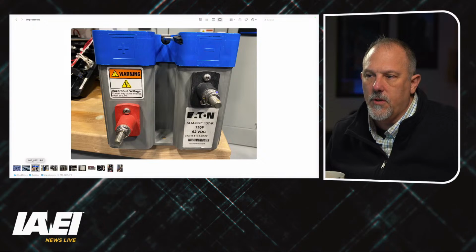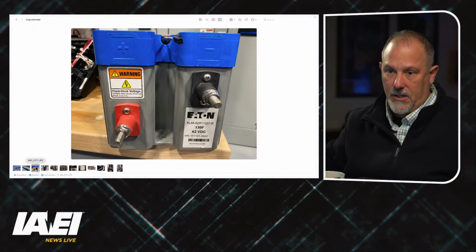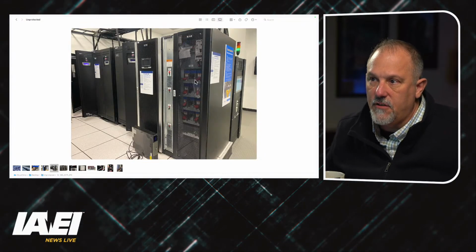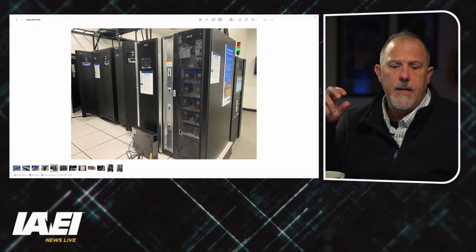These are your 62 volt DC. These are supercapacitors, that's a close up of what I just saw in one of these photos here. And a supercapacitor basically gives me the ability to provide power for a shorter duration.